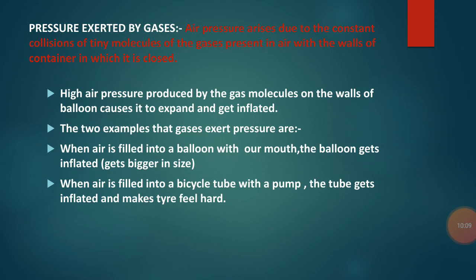And if the container of the air has stretchable walls like that of a rubber balloon, the higher pressure exerted by the air inflates the container and increases its size, making it look bigger.